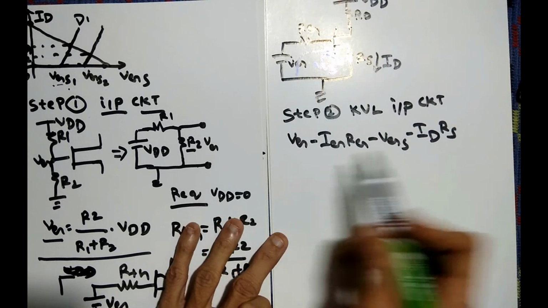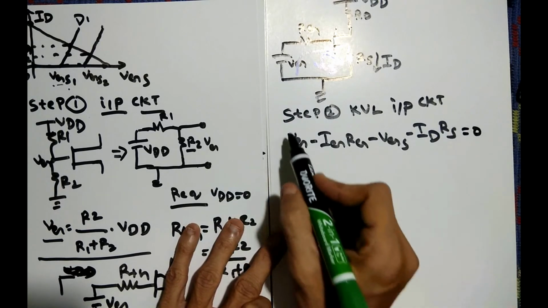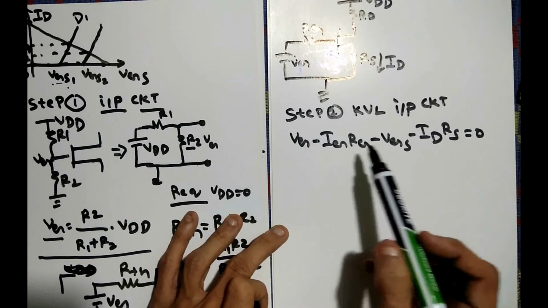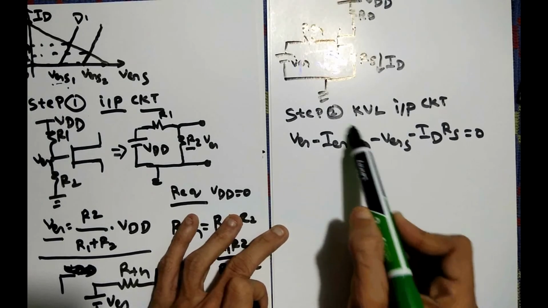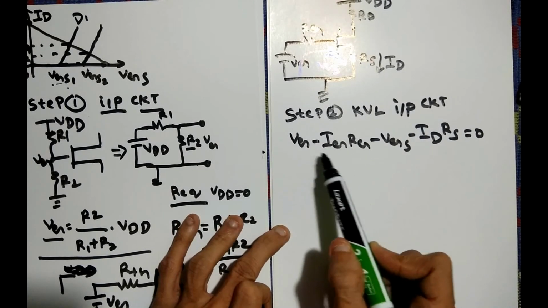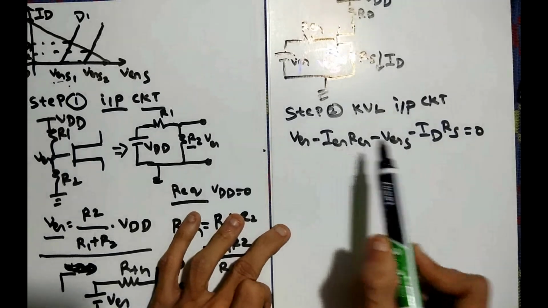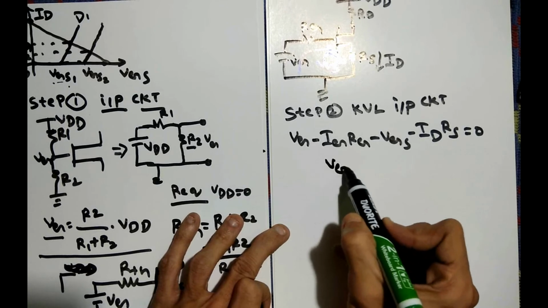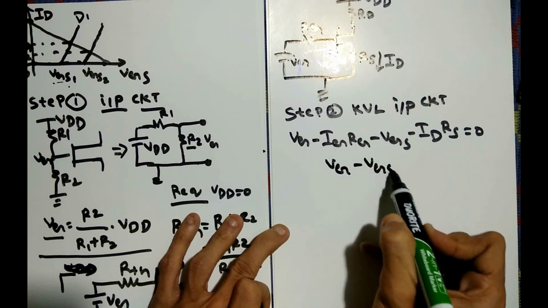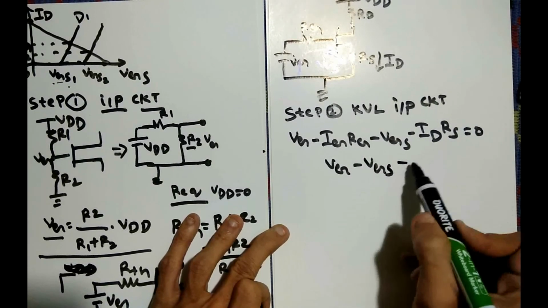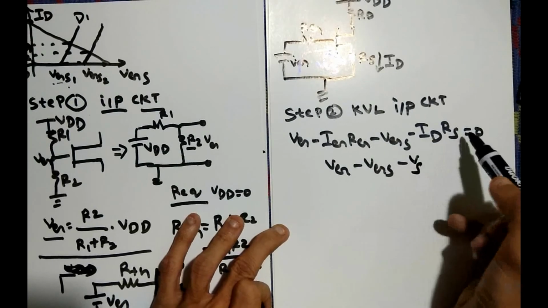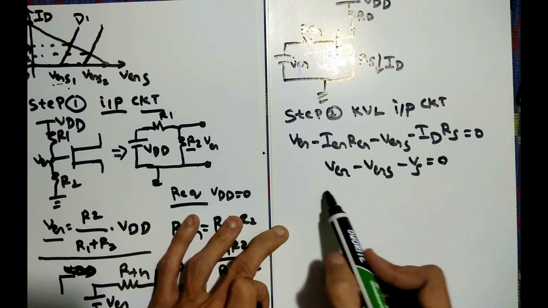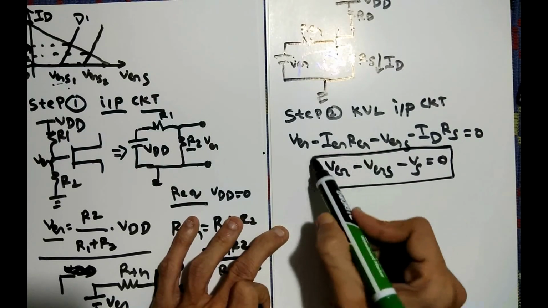This is the formula we got for step 2, that is KVL to the input circuit. We know that IG is 0, so we can ignore the IGRG portion. So VG minus VGS minus IDRS, which is VS because it is IS into RS, is equal to 0. We call this equation 1.